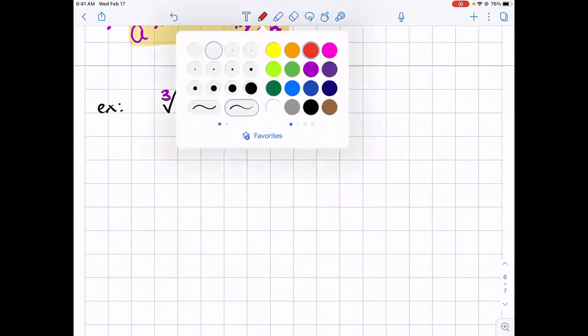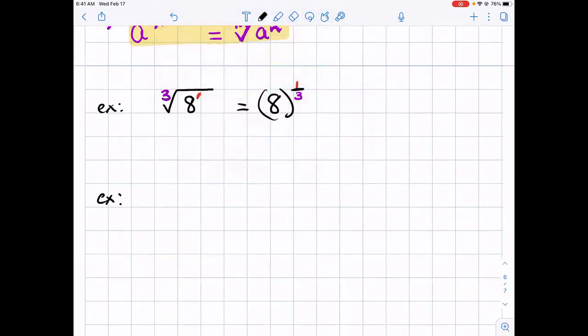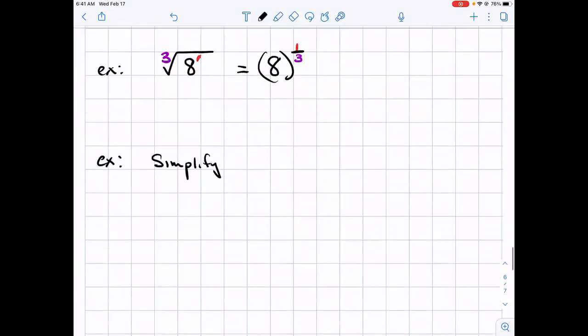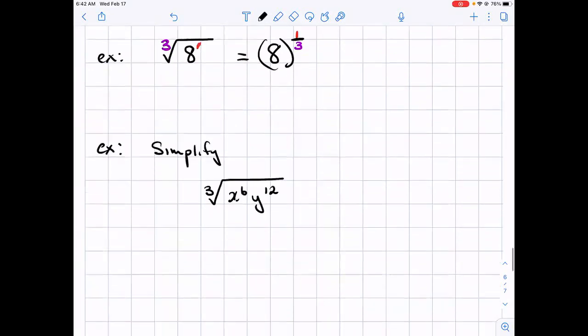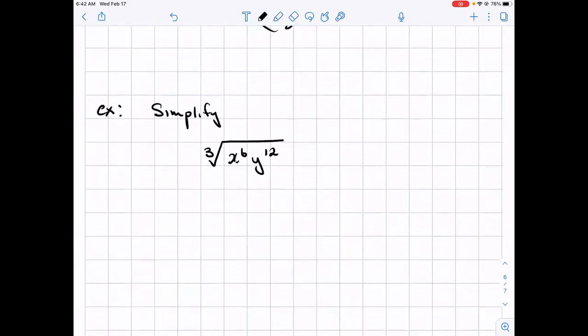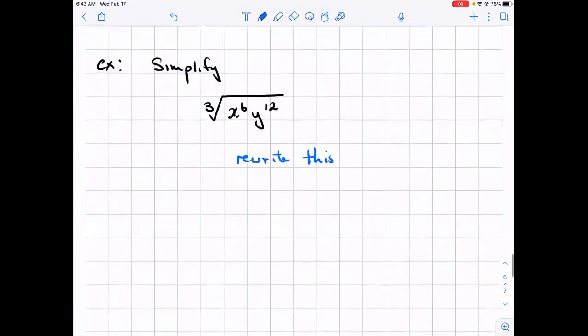Let's look at an example. If I ask you to simplify the cube root of x to the 6th, y to the 12th, it will help if we rewrite this as x to the 6th, y to the 12th, everything raised to the 1/3 power, because cube root is 1/3 power.